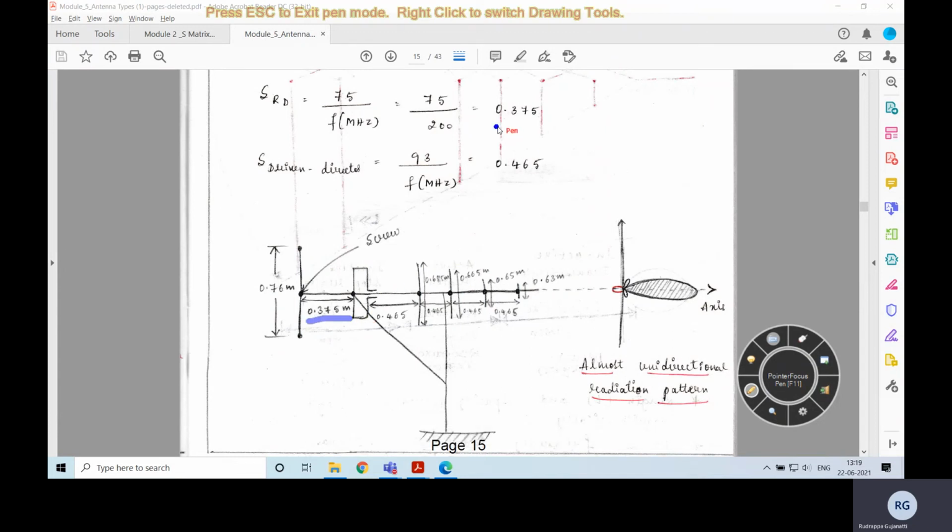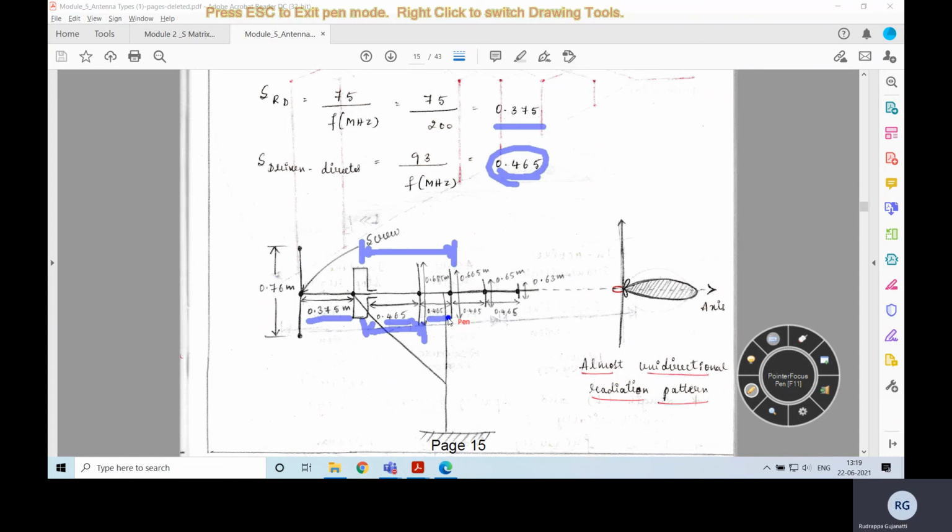What is the spacing between the reflector and the driven element? It is around 0.375 meters. What about the spacing between the driven element and the first director? It should be around 0.465. The spacing between the driven element and the second director should be twice that value, so 2 times 0.465.